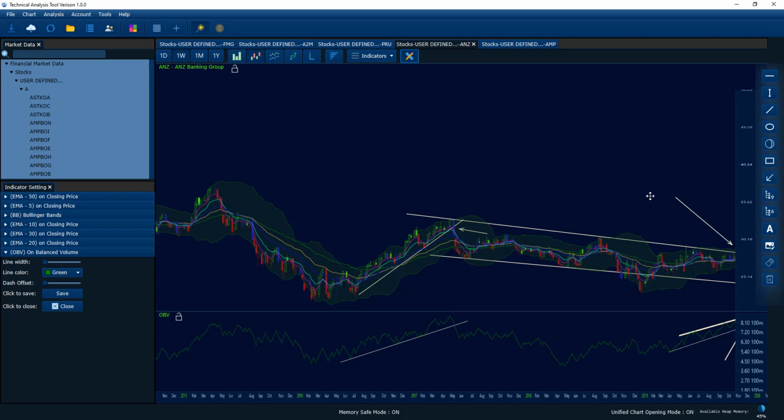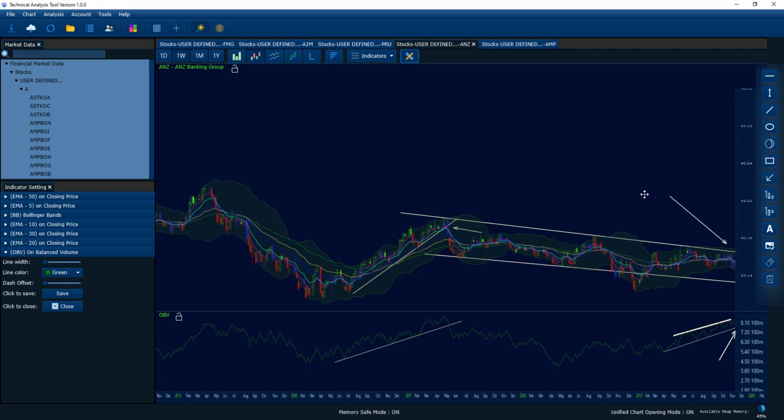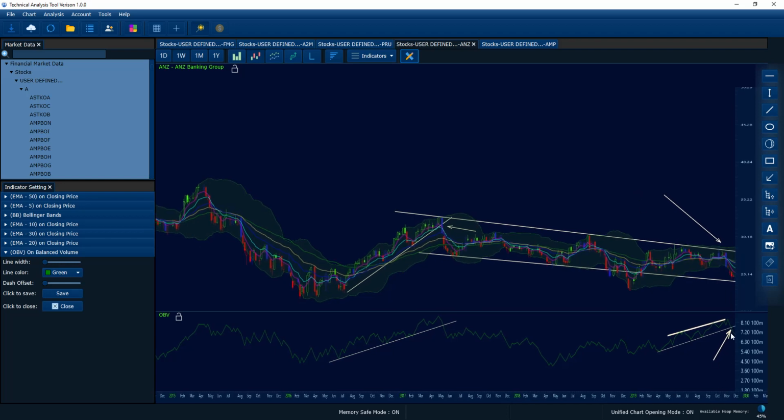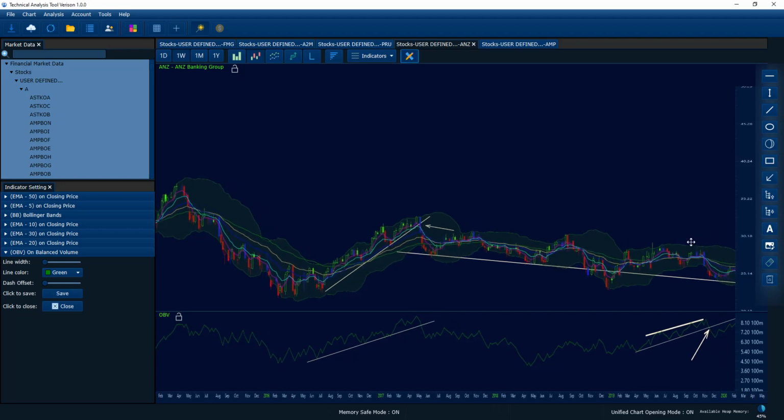If it doesn't, you don't buy in earlier. As you can see now, very interesting, the price starts falling, and here again the OBV line breaks down. So actually our prediction is incorrect, so don't step in.